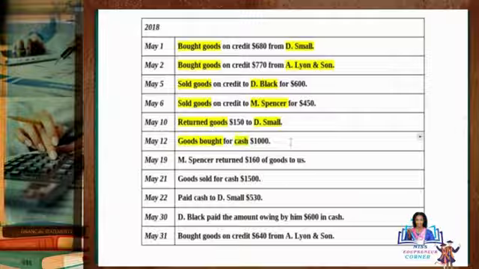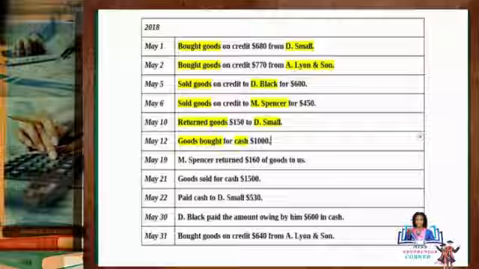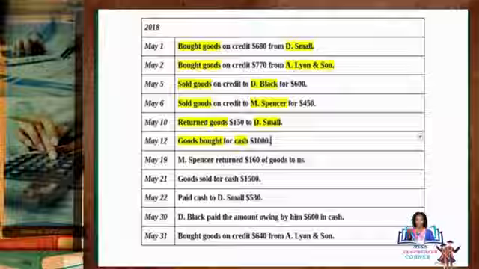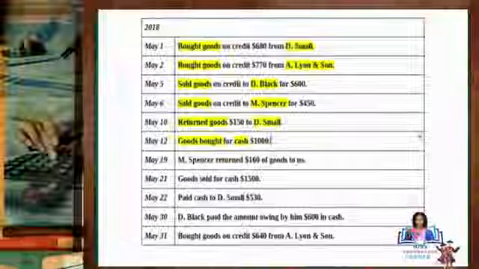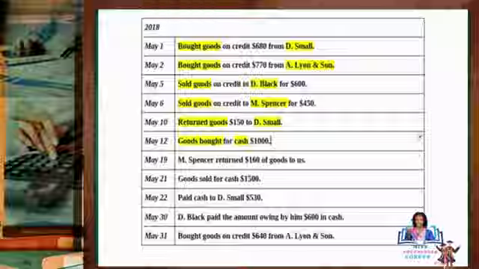So again, the purchases account is always debited to show an increase in stock. So we're going to go to the purchases account and make a debit entry. And seeing that goods were bought for cash, we use cash to pay for these goods. So cash is an asset and cash is going down. When an asset decreases, we credit.